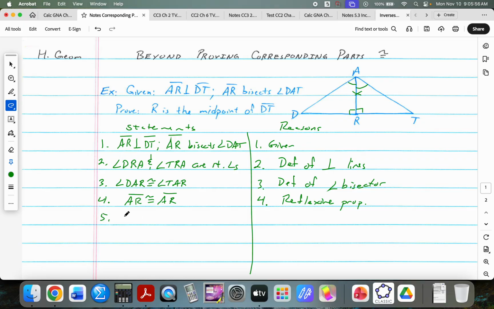So I do need to say that the right angles are congruent though. Angle DRA is congruent to angle TRA. Again, as it was twice on the homework, because all right angles are congruent.